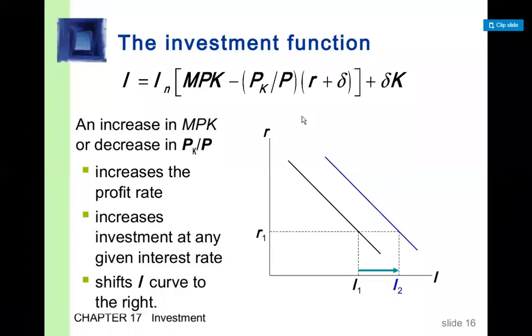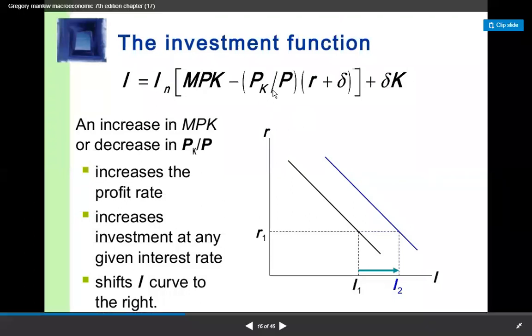The downward investment curve shows the inverse relationship between interest rate and investment, holding other factors constant. Other factors कौन से थे बेटा? Relative price of capital and marginal product of capital of the production firm, that is equal to the real rent of capital of the rental firm.